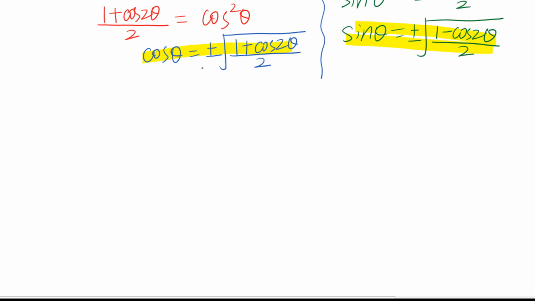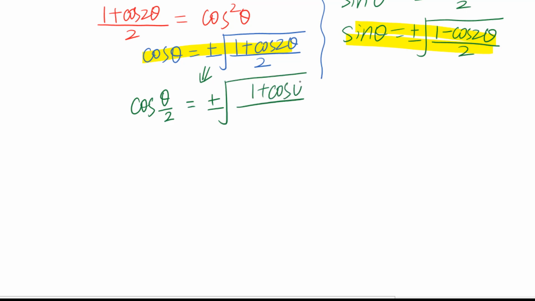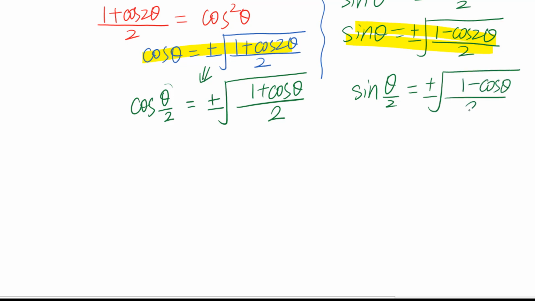Let's look at another form. For cosine theta over 2, you will get plus or minus square root of 1 plus cosine theta over 2. Just double this angle, theta over 2. Sine theta over 2 equals plus or minus square root of 1 minus cosine theta over 2. So keep going.